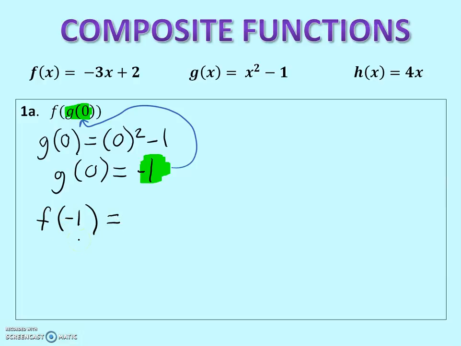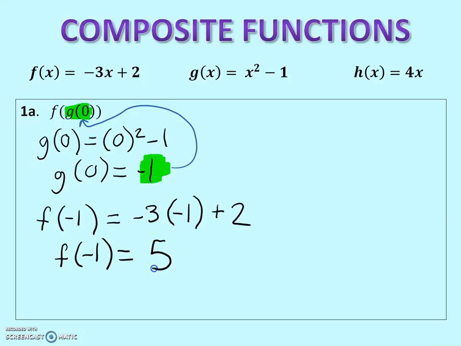To compute f of -1, we're going to use this first function here and plug in -1 for x. So we're doing -3 times -1 plus 2. Doing that on your calculator, that's going to give you that f of -1 equals 5.